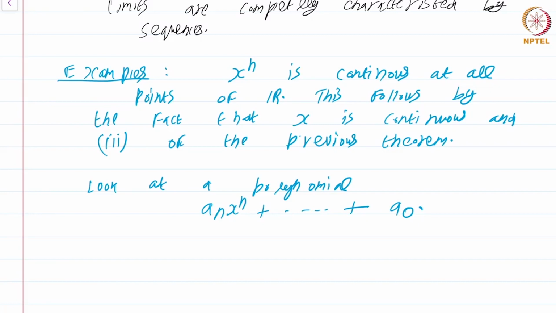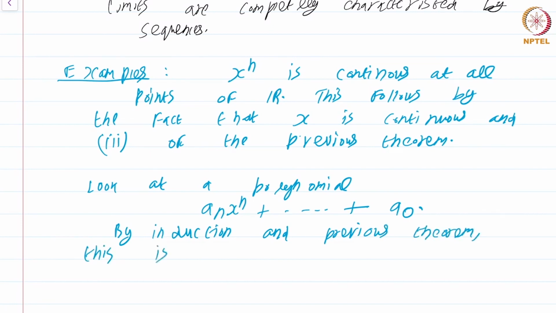Now again, by induction and previous theorem, this is easy to see. So we immediately got a good collection of examples of continuous functions just by applying the previous theorem.